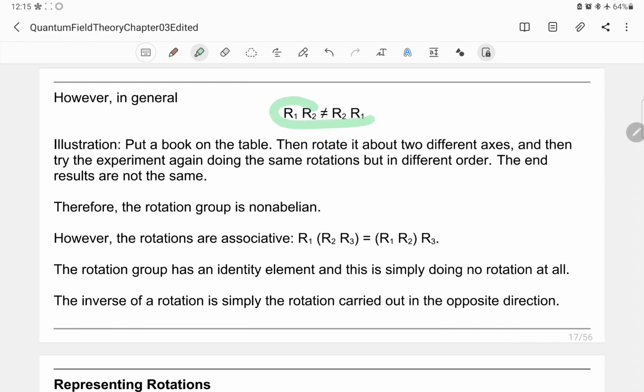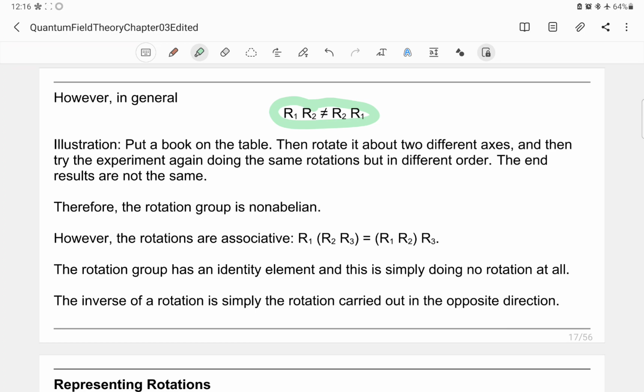So this is not equal in general. To prove this, you can put a book on the table, then rotate it about two different axes, and then try the experiment again, doing the same rotations but in different order. The end results are not the same.